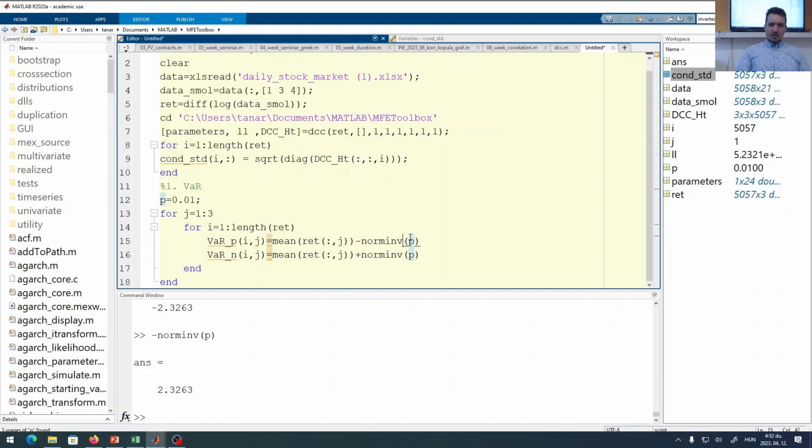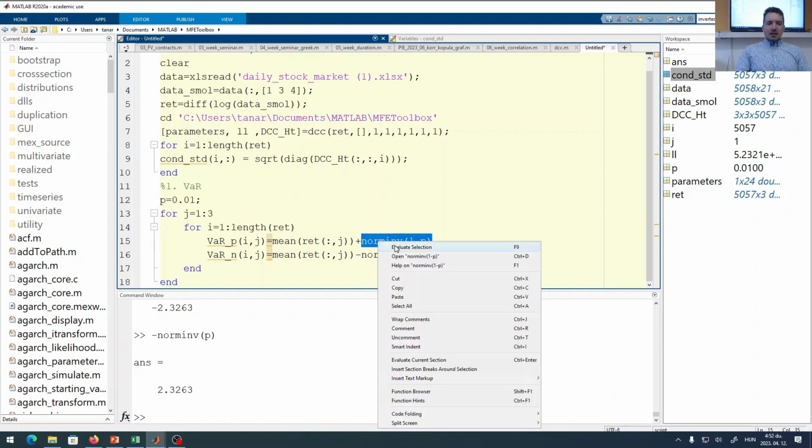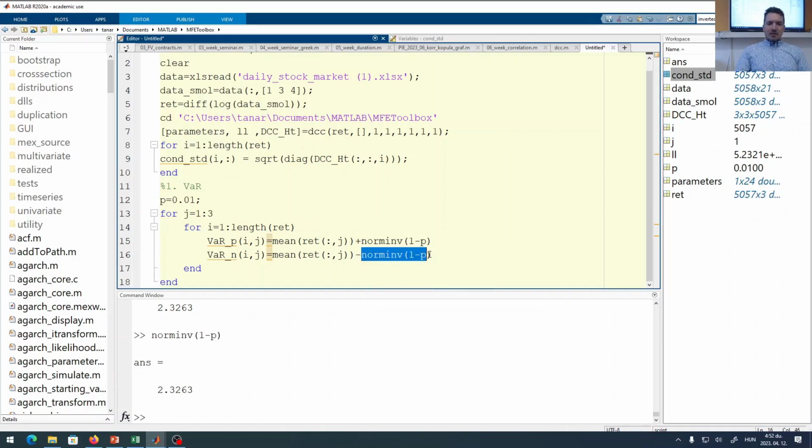Or we can say, because otherwise it will look so stupid, 1 minus p, and in this case the plus minus will be in the right place. So now it's positive and now this will be negative. Yeah. And multiplying the standard deviation, which we know from here.